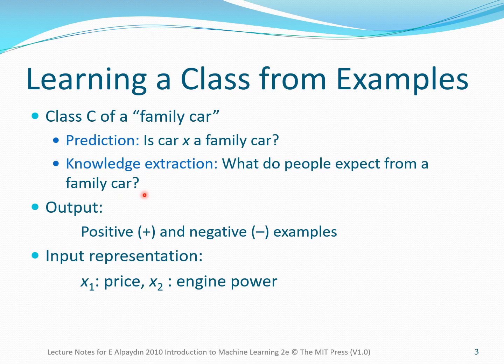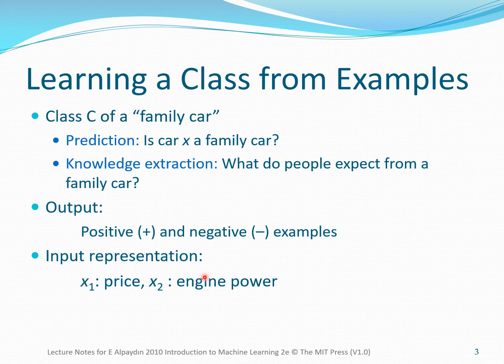Now the features that separate a family car from the other cars are the price and the engine power. These two attributes are the inputs to the class recognizer. Note that when we decide on this particular input representation, we are ignoring various other attributes as irrelevant.